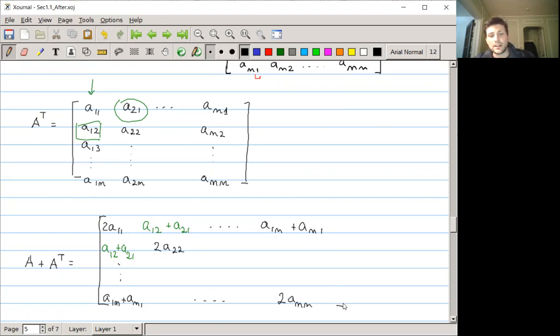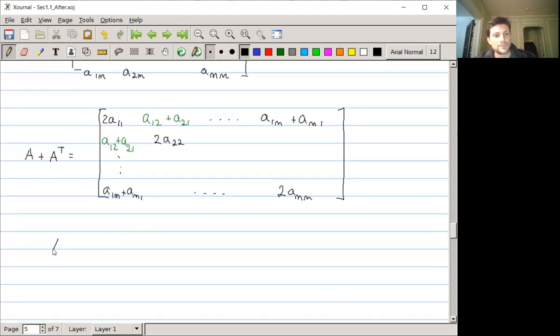So the entry, I'll write it like this, and let's see if you like this notation. If I look at the matrix A plus A transpose in position ij, so the entry in the ith row, jth column of that matrix, it will be Aij plus Aji. But that means that it is the same as the entry that we are bound to find in position ji.